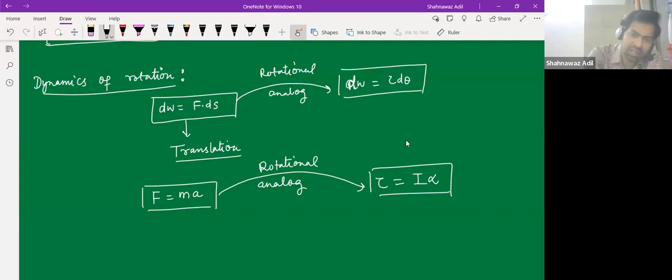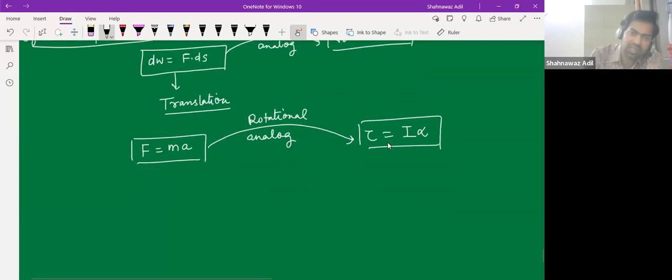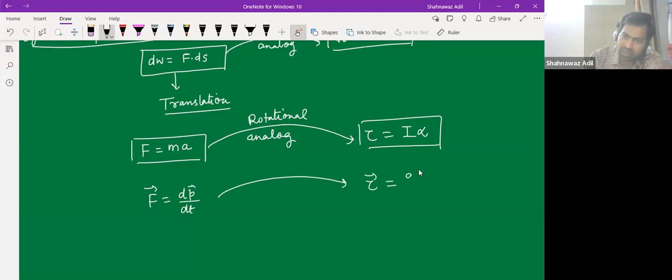And similarly, what would be the kinetic energy? Or if I write F equals dP by dt, right? For the case of torque, that we have already done. That is dL by dt, and this is external, right?